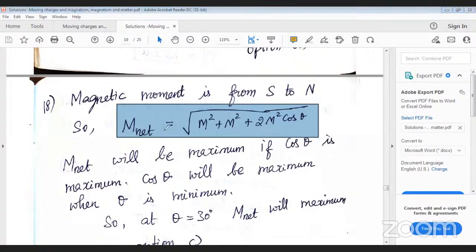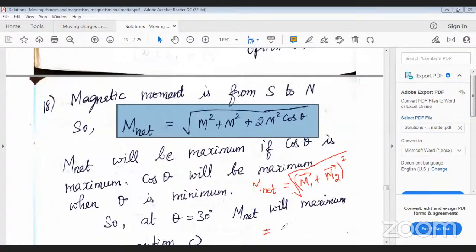Here M net, the net magnetic moment, is given by vector M1 plus vector M2, the whole square, and you have to take the square root of this.